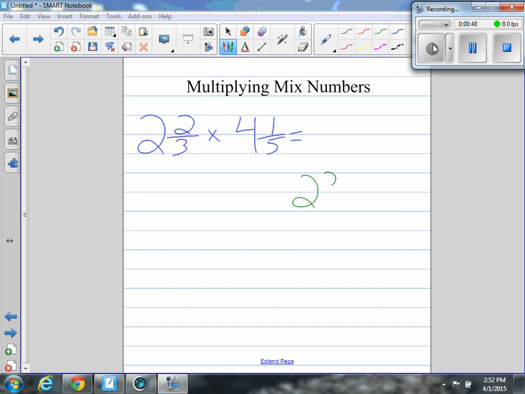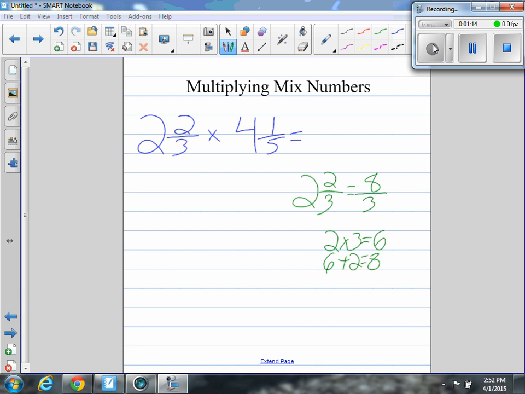2 and 2/3. If I'm making that an improper fraction, I do 2 times 3. My whole number times my fractional denominator is 6. And then 6 plus my numerator 2 is 8.